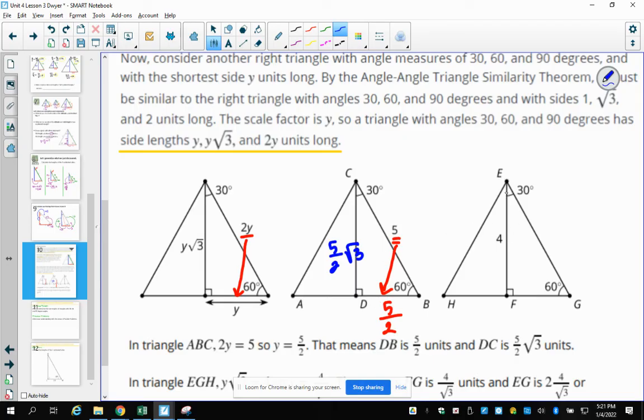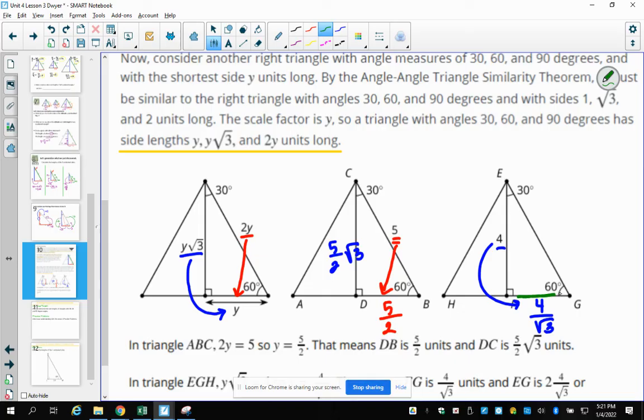So what if we have the altitude already? How do we go back to that? Divide off this square root 3. So when we want this side, we would take the 4 divided by the square root 3.